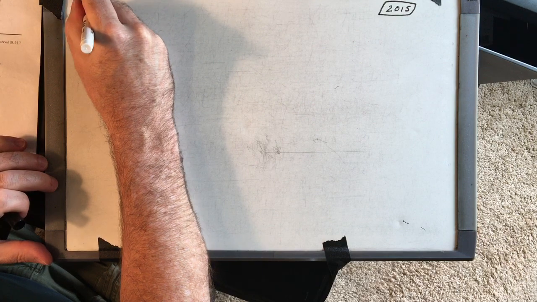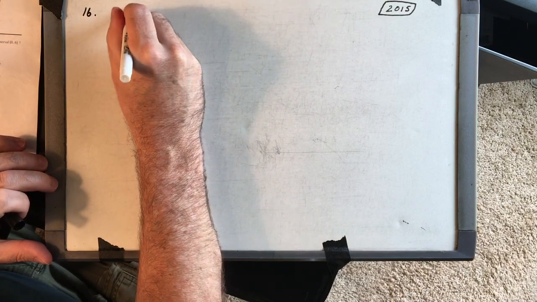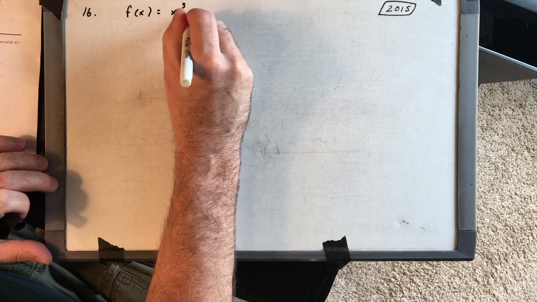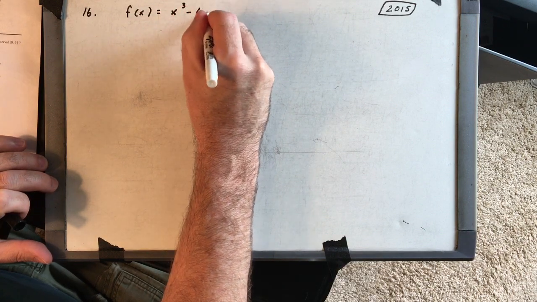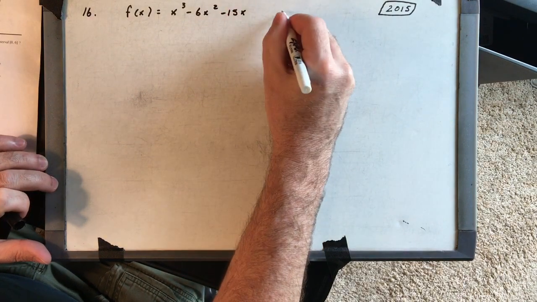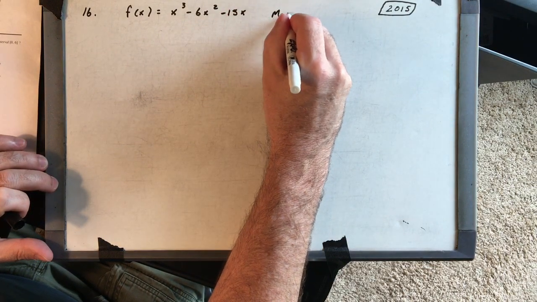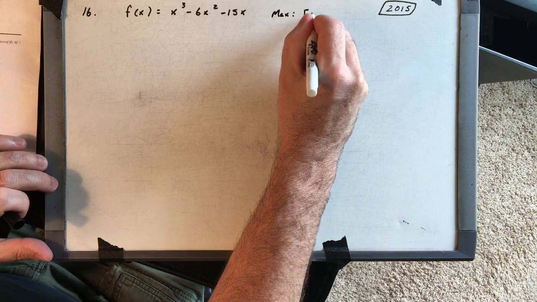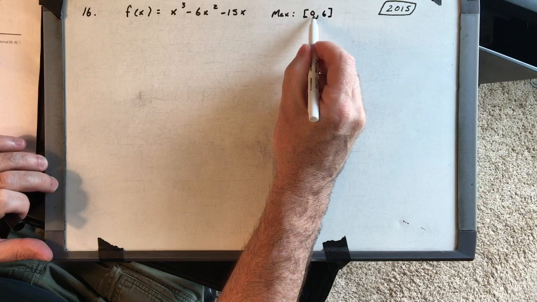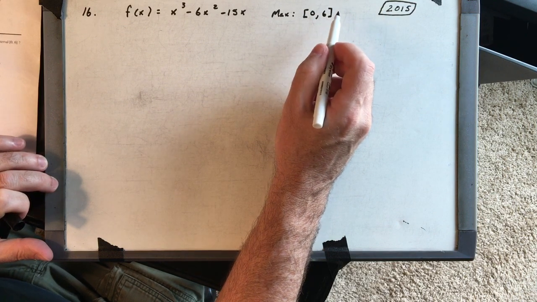Let's look at 16. We have f of x equals x cubed minus 6x squared minus 15x. We want to know the maximum on the interval 0 to 6. Because they're brackets, 0 and 6 are endpoints that are included.